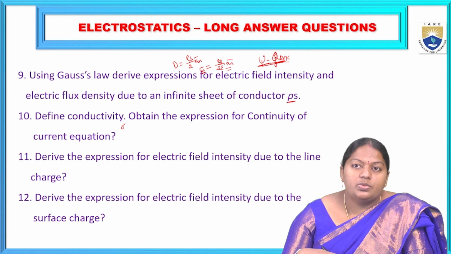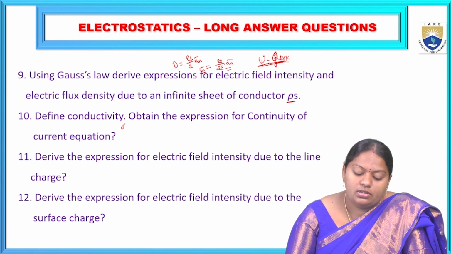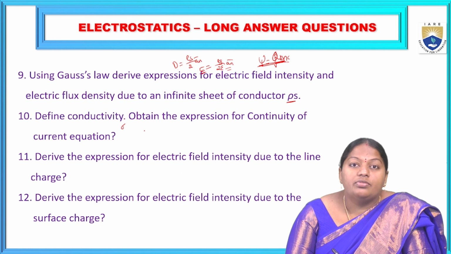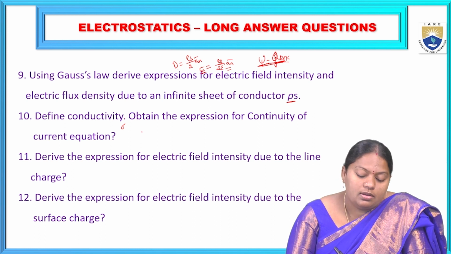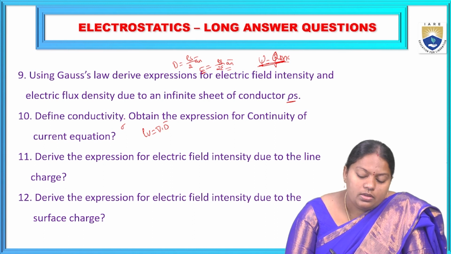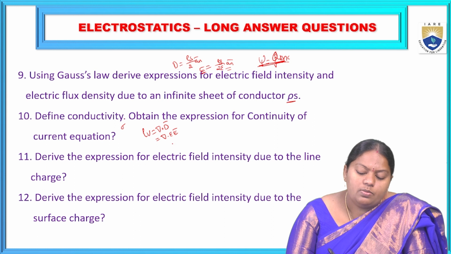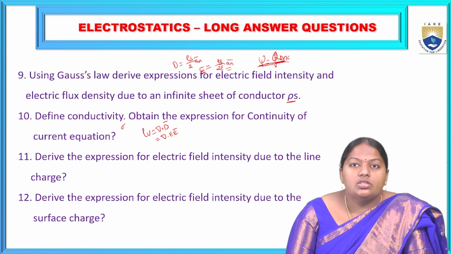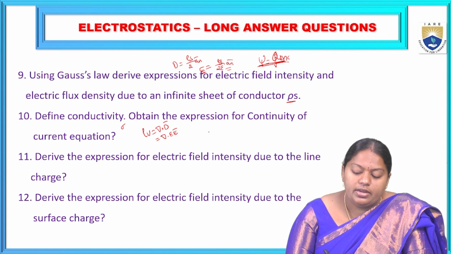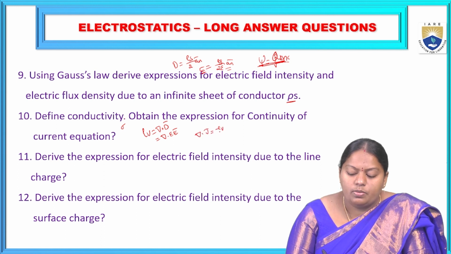To derive the continuity of current equation, we use again the point form or differential form of Gauss law as rho v equal to del dot D bar. If we substitute D bar by epsilon into E bar and simplify, we obtain the equation del dot J equal to minus rho v by epsilon.